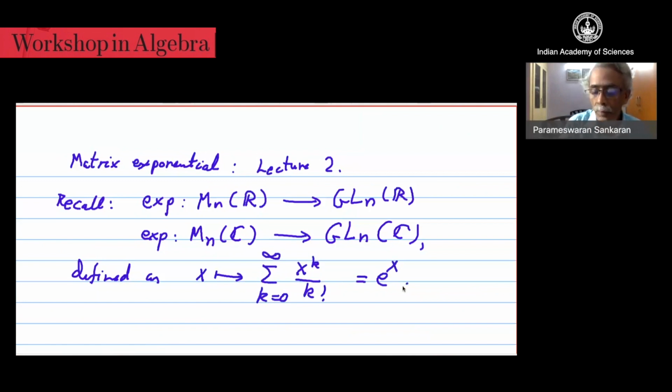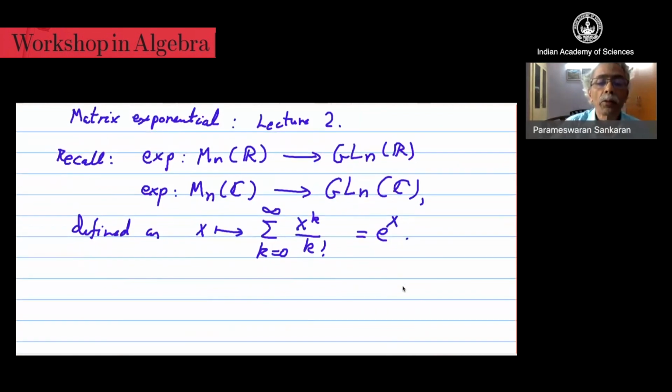And we saw that when you vary x in Mn of R or Mn of C, this is first of all absolutely convergent and uniformly convergent on bounded subsets of the domains. It's understood that the norm that we are using here is a sup norm, and here also the same.